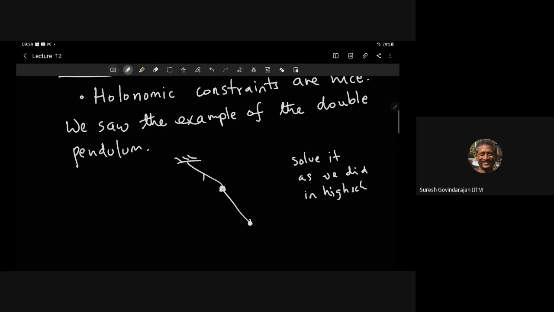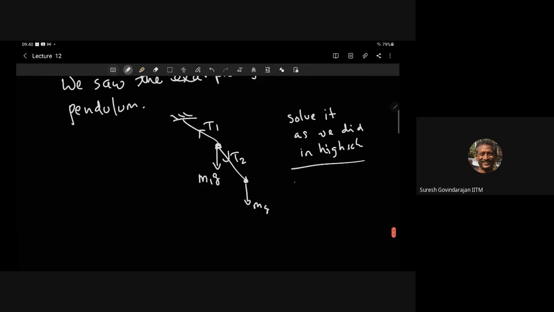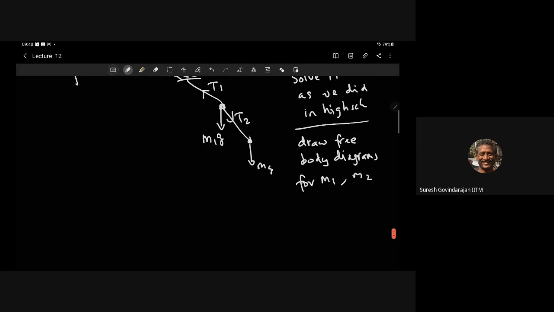you would say there is some tension here, T1, and another tension, T2. m1g acts downward, and again here m2g. So you would do free body diagrams for m1 and m2, solve the forces, solve for T1 and T2, and from that we get the dynamics, right?